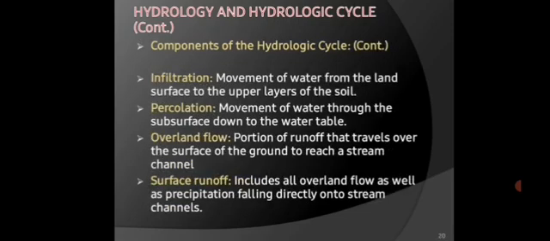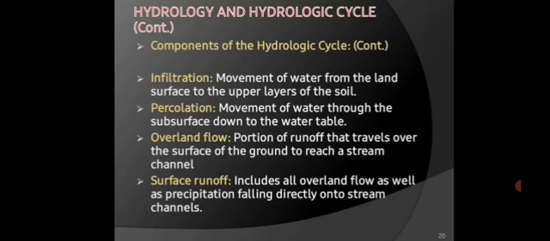Another term is infiltration. As I had already said, it is movement of water from the land surface to the upper layer of the soil or below the ground surface. Percolation, again, is the movement of water through the subsurface down to the water table.